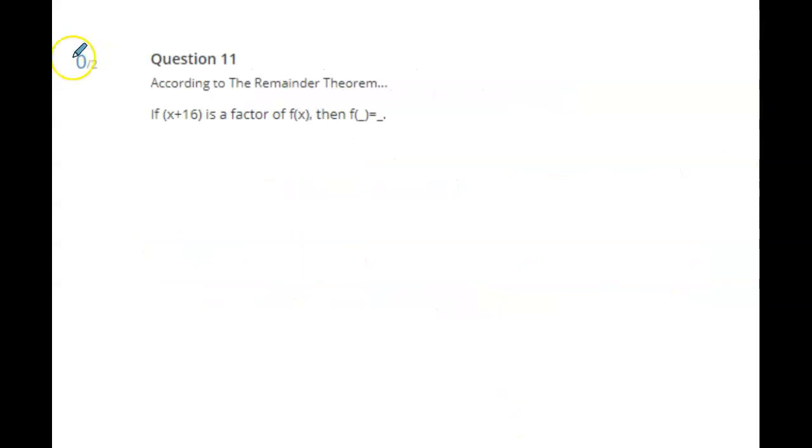Okay, then in question number 11, it says, according to the remainder theorem, if x plus 16 is a factor of f of x, then f of blank equals blank. So in the remainder theorem, we take the x plus 16 factor, right? That's x plus k in the remainder theorem.